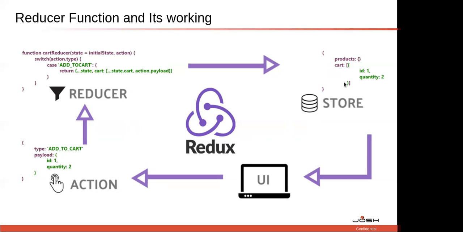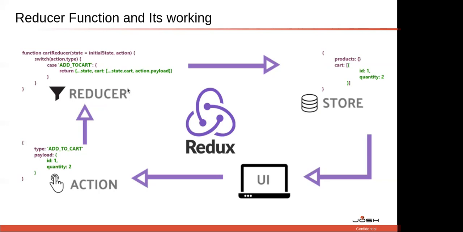If you want to modify something inside that cart, like here we have a cart with an id and quantity in a normal object, we have an action. Only with the help of an action can we modify the store value. An action is a normal, pure object which contains a type and a payload. The type specifies what exactly we have to do in the reducer, and the payload is whatever data we are passing, which is going to modify the store.